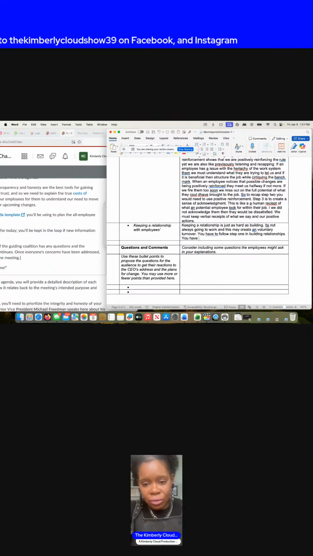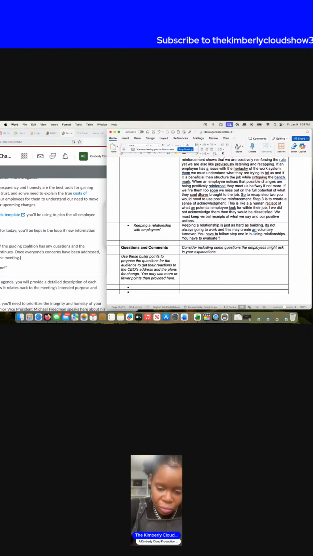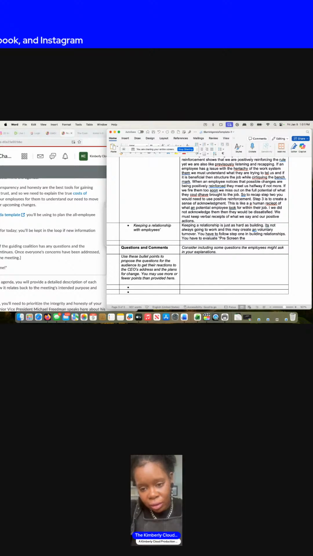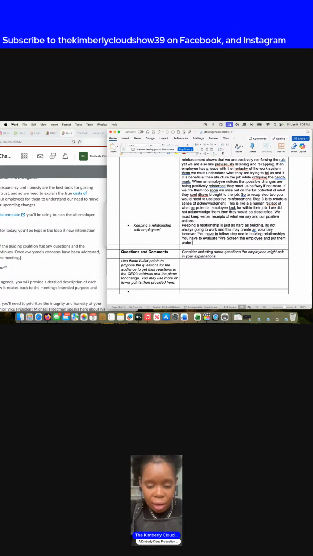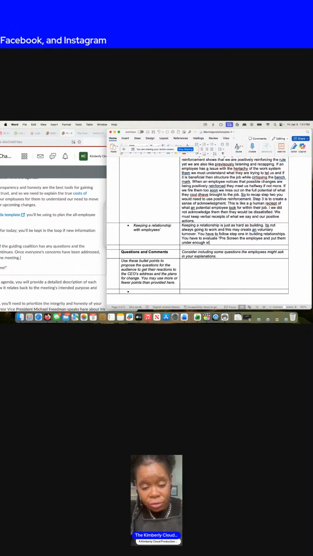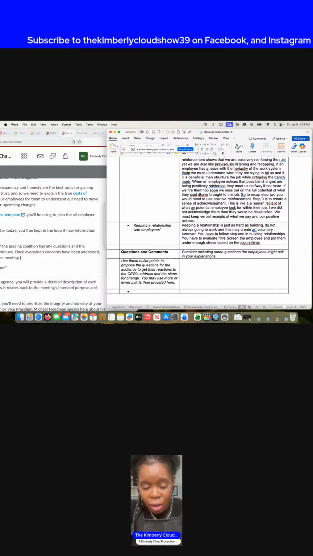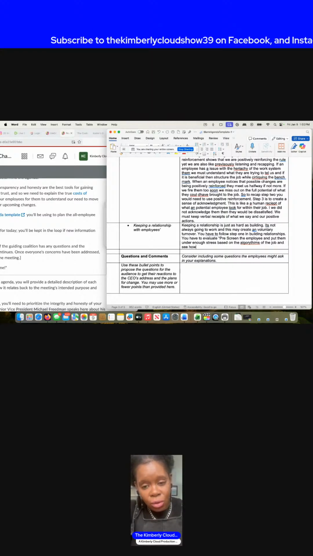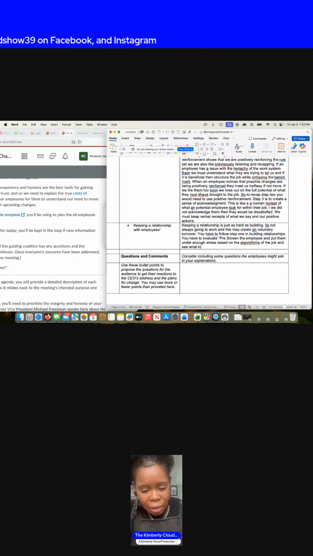You have to evaluate, pre-screen the employee and put them under enough stress based on the algorithms of the job and see what kind of behavior they give you.